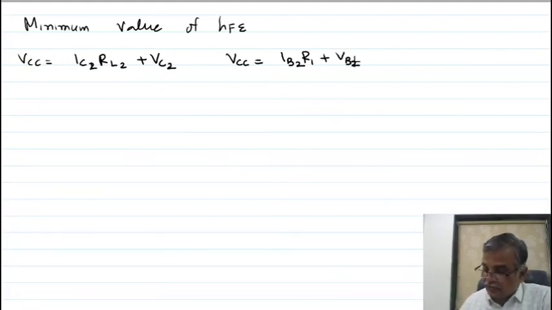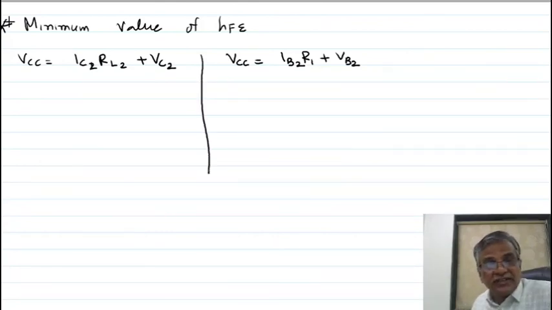Look here for more clarity. To get the oscillation of the circuit, the transistor must be saturated. And you have to select the values of R1, R2 such that this condition is satisfied. Let us see.